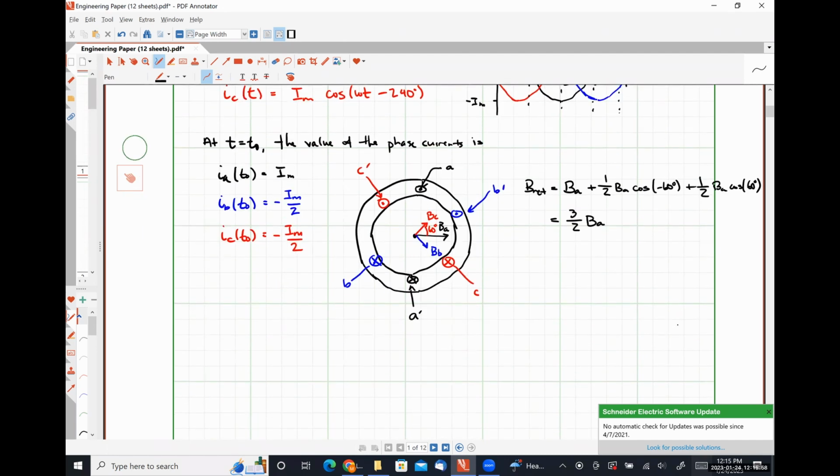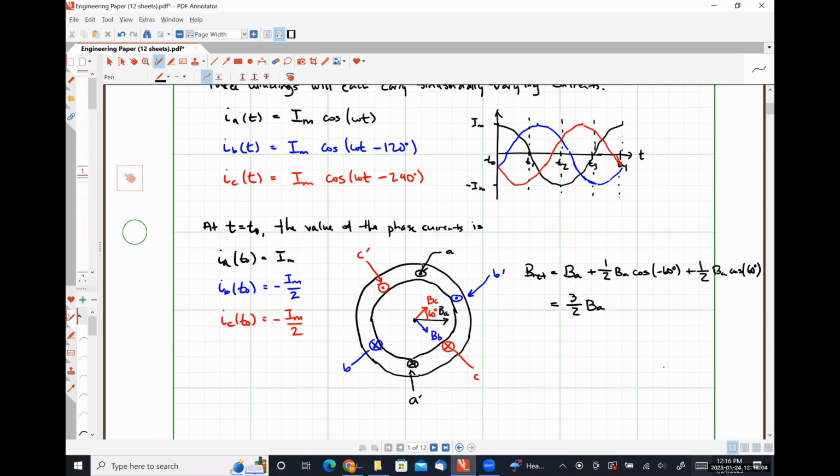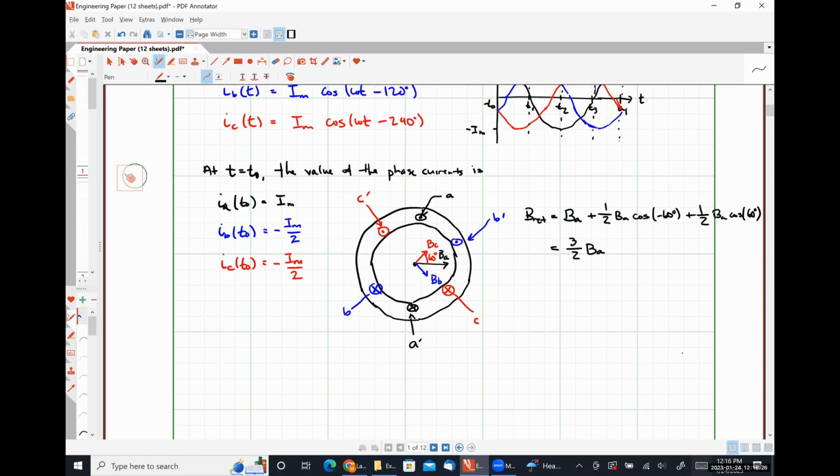So now let's look at what happens at our time T1, okay? So at T1, coil A is carrying no current whatsoever. B is going to be at whatever value it has when we evaluate this thing at 90 degrees, and C will be the same thing, IM times the cosine of 90 minus 240.